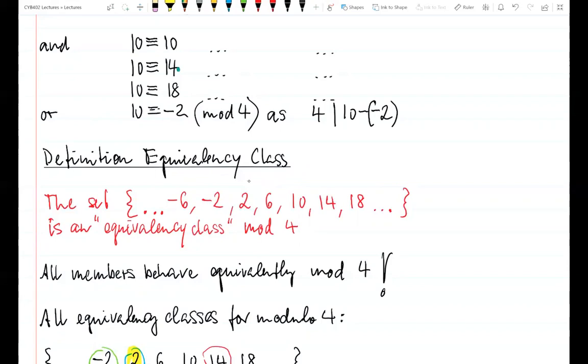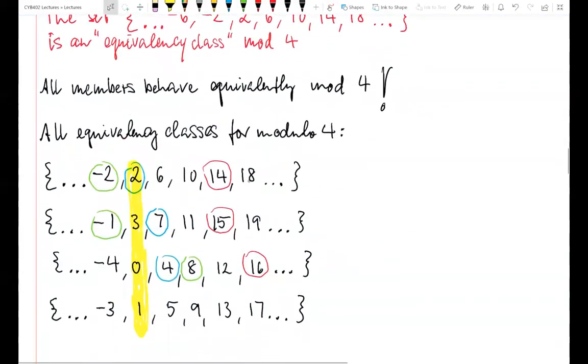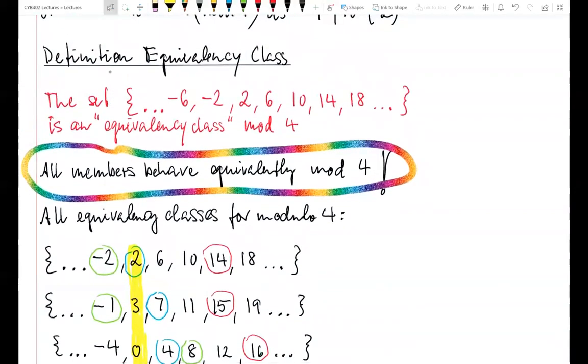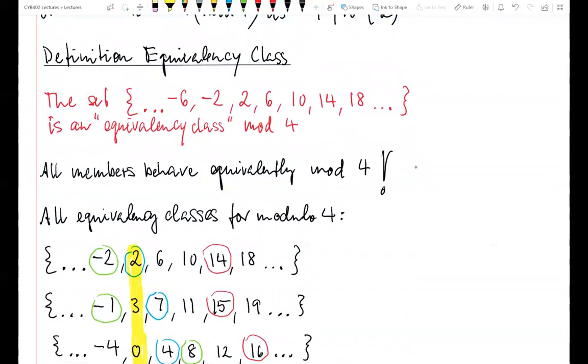And we are going to see in a minute why these elements are considered equivalent. For now, let's just state that all members of an equivalency class behave equivalently modulo 4.